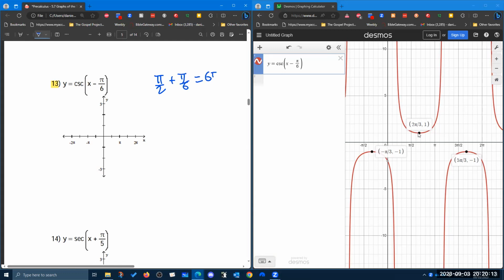Sorry, that's 3 pi over 6 plus pi over 6, which is 4 pi over 6, or 2 pi over 3. There we go. I started making a bigger denominator than I needed to.